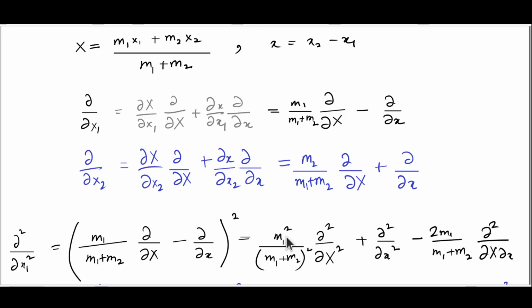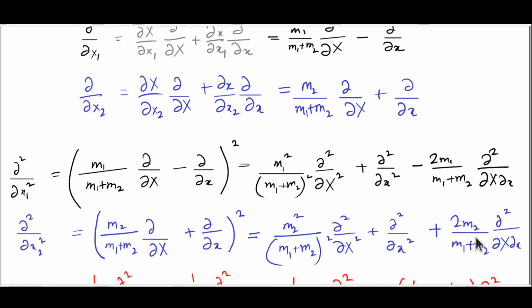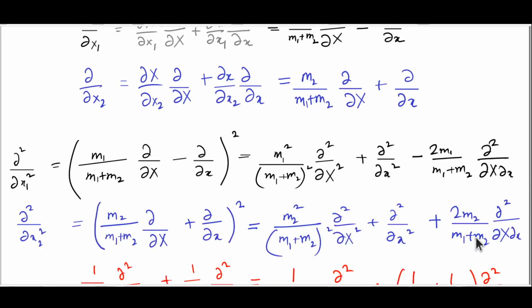So, m1 by m1 plus m2 whole square, del 2 del capital X square, plus del 2 del small x square, minus twice m1 by m1 plus m2 times this mixed partial derivative. And an exactly similar expression occurs for del 2 del x2 square, where essentially you have a plus sign instead of minus 1 and an m2 m1 switch.